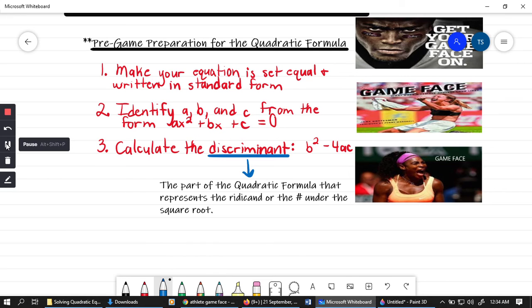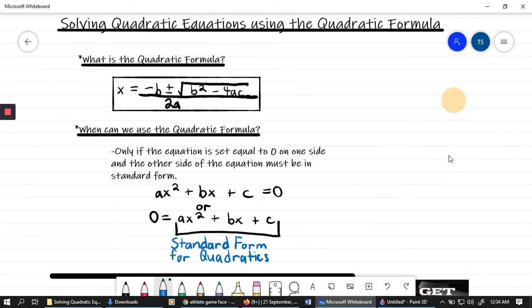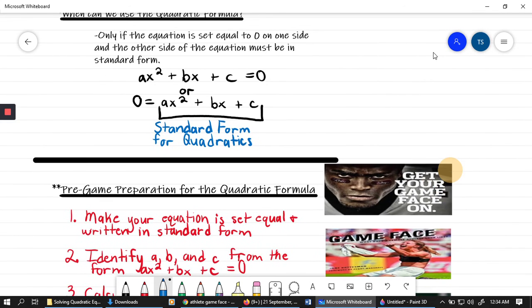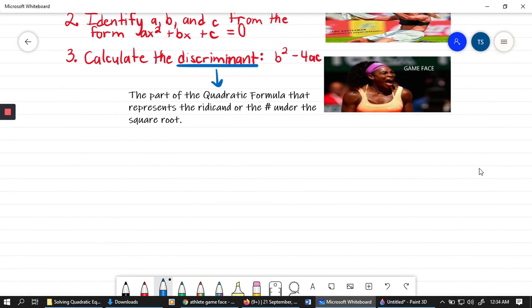Alright, so after you have calculated the discriminant, you need to calculate the negative b. If you look at the formula closely, there's a part that reads negative b, right? And we talked about that, negative boy. That sounds easy enough, but a lot of people think that negative b means whatever you write there has to be a negative number.